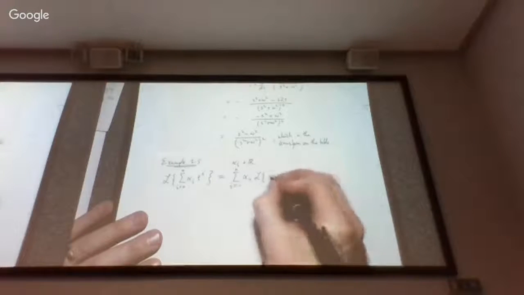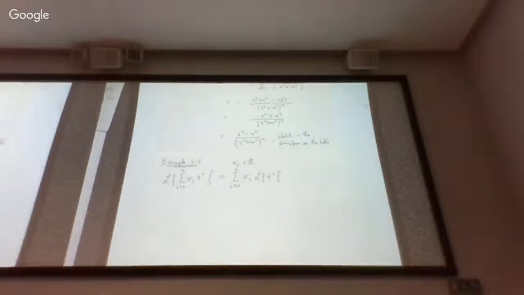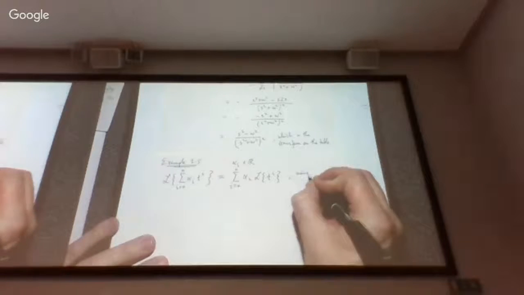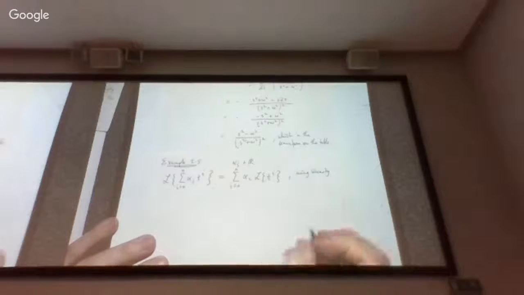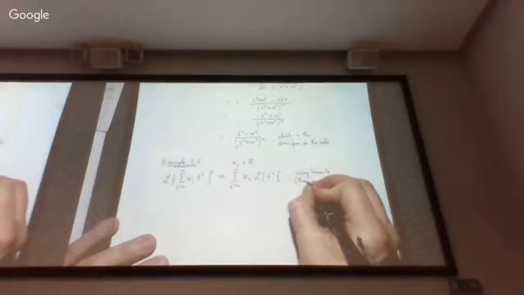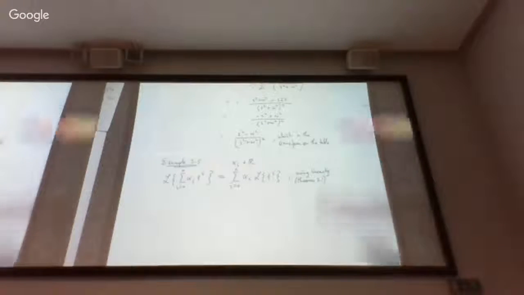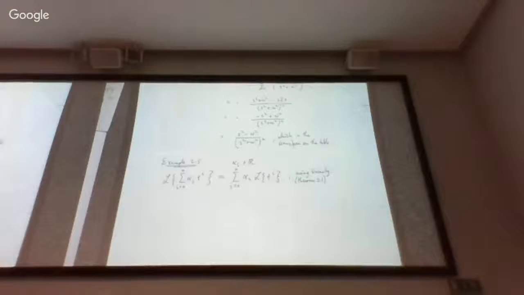Now you've got the Laplace transform of t to the power i. So we say the Laplace transform of the linear combination is the linear combination of the individual Laplace transforms. So this is using linearity, Theorem 2.1. Now we can use example 2.4 about what these individual Laplace transforms are.